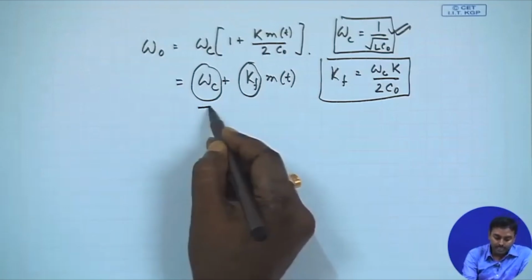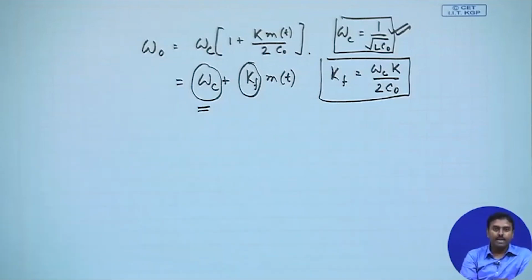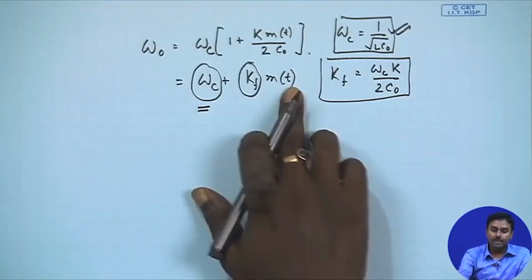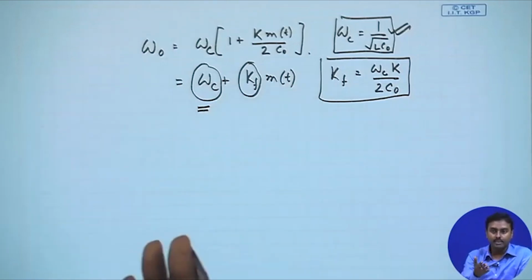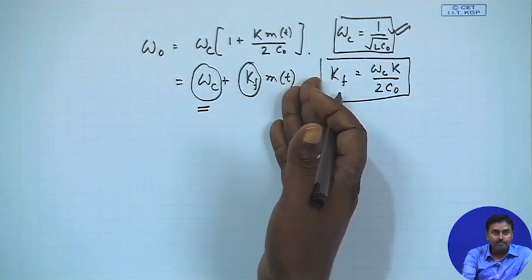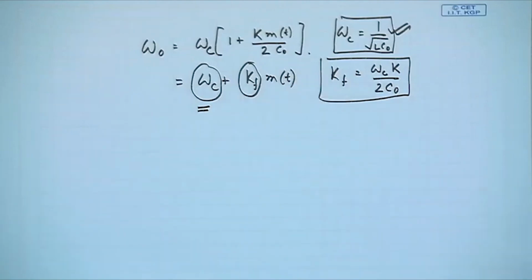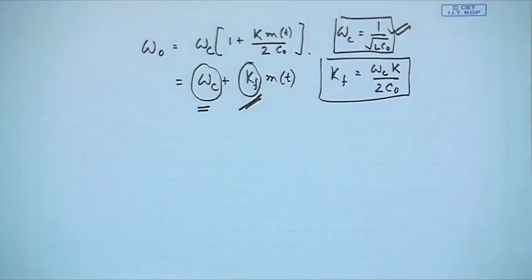This omega c is actually termed as the free running frequency. Whenever m(t) is 0, that is the frequency with which it will be oscillating, and then depending on m(t) there will be a linear variation where the slope of that variation is Kf, which is also determined by the particular capacitor. So, for this particular oscillator, now what is happening, its frequency is a linear function of my input voltage.